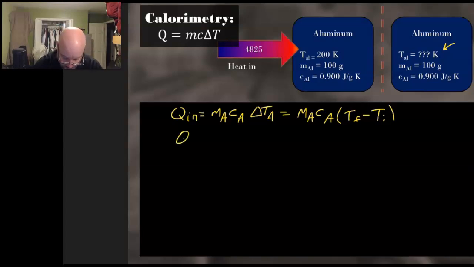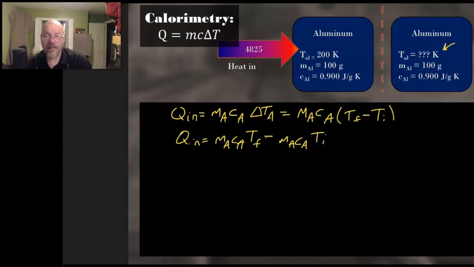Okay, so we're going to have Q_A is m_A C_A (T final minus T initial). Now I'm going to skip a little bit of algebra here, but if I was to solve for T_F, I would take the T_I and the m_A C_A over to the right-hand side.